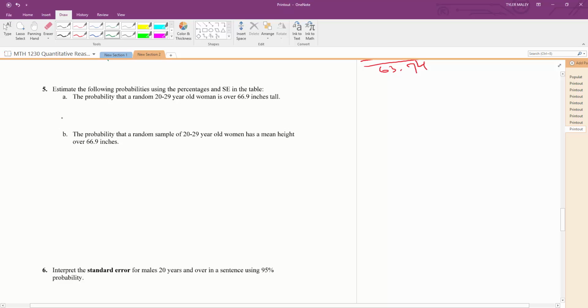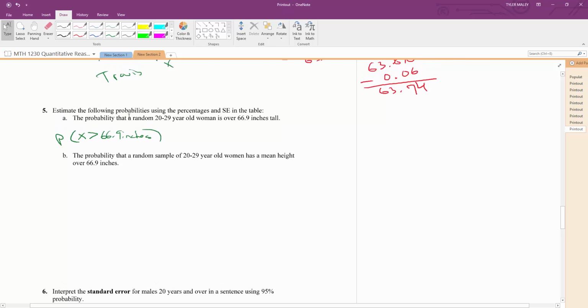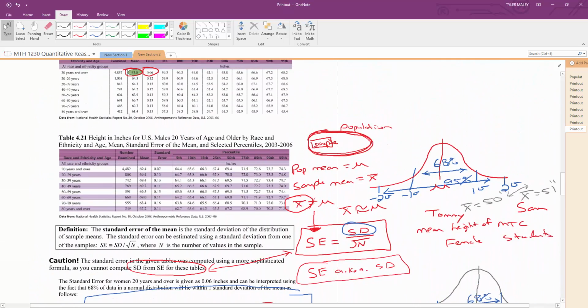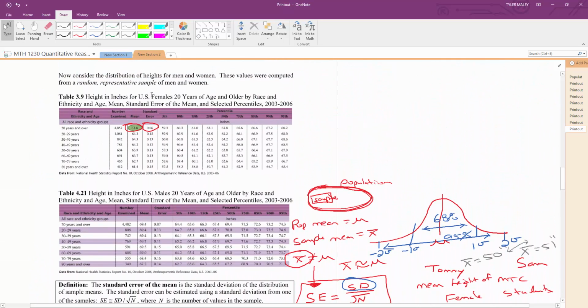So we want to find the probability that our woman is bigger than 66.9 inches. So let's look at our table. So 20 to 29. Make sure you're looking at the one with females.